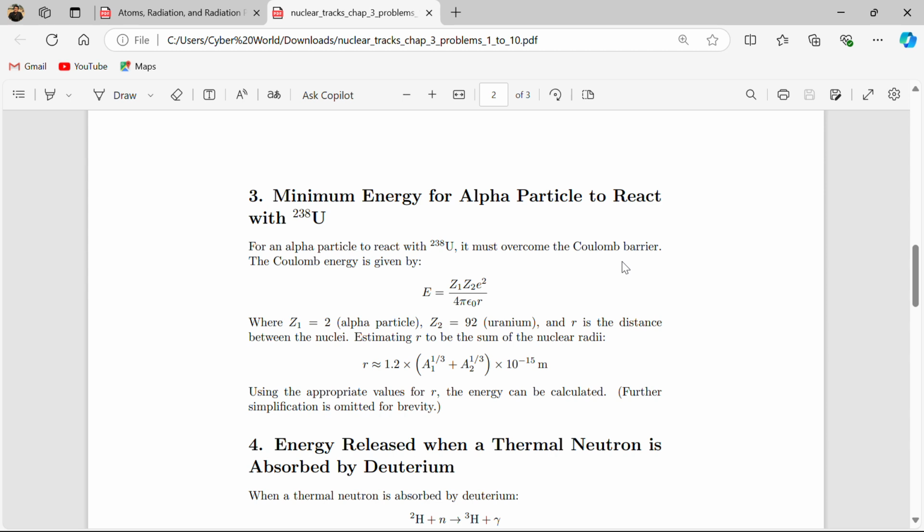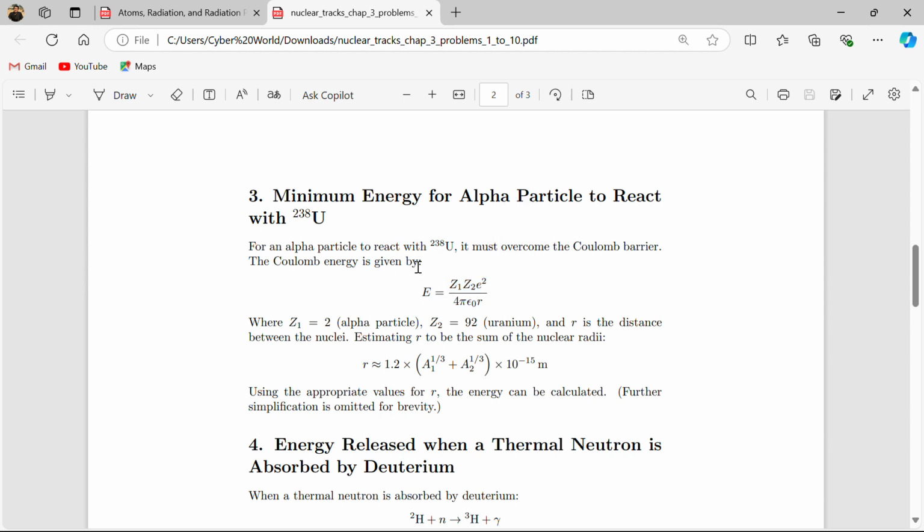The Coulomb energy is equal to Z1 Z2 e squared, or Q1 Q2 divided by r, times 1 by k, where k is a constant equal to 1 by 4 pi epsilon naught. So E equals Z1 Z2 e squared divided by 4 pi epsilon naught r. This is the Coulomb energy.